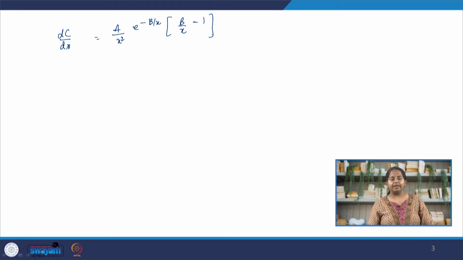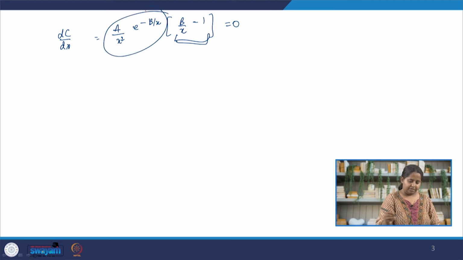Now for finding the maxima, the x where the concentration is maximum, remember the two conditions. dC by dx should be equal to 0. Now this is a condition for both local minima and local maxima. We will see that dC by dx is only going to be 0 when this becomes 0. This is not going to be 0 unless x becomes very big.